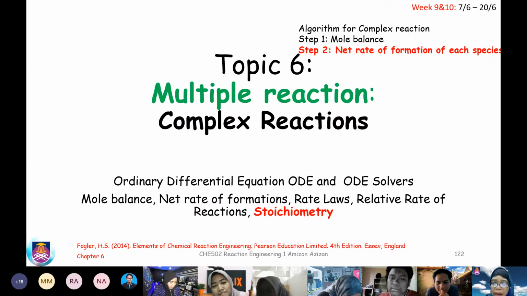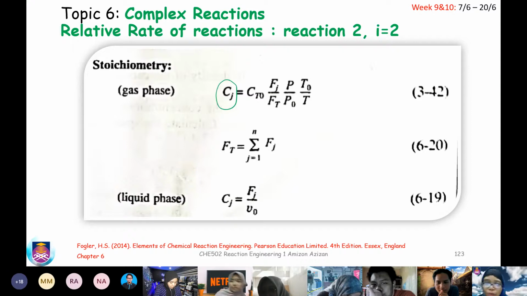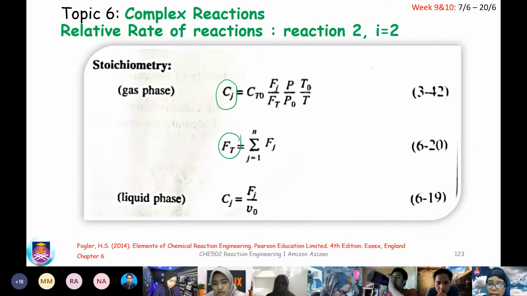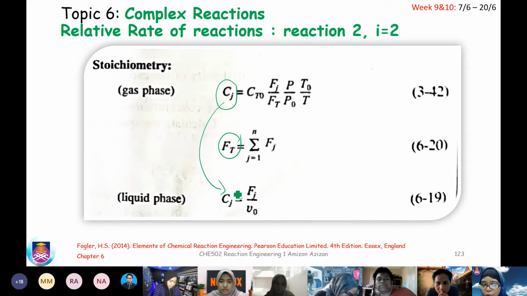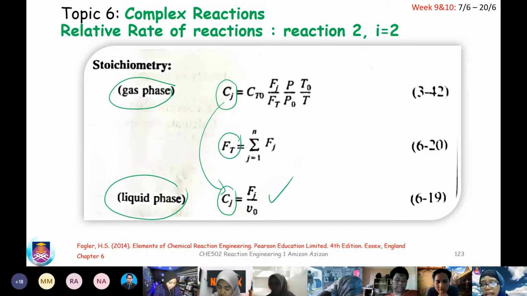Okay, the last part is writing the stoichiometry. Now, this is the thing that you always write. For example, if you want to write the concentration equation, the molar flow rate, and of course, we got two kinds of ways of writing the concentration. One is for the gas phase and the other one is the liquid phase.